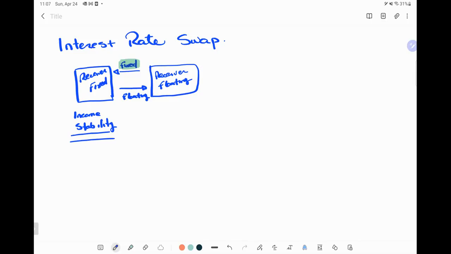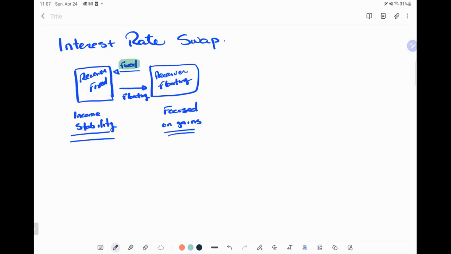On the other hand, we have other investors who may prioritize gains or returns. They may be bolder investors who are just focused on returns rather than on stability. So in this case, these investors may be happy by receiving a floating rate as long as they believe that interest rates are going to move up.